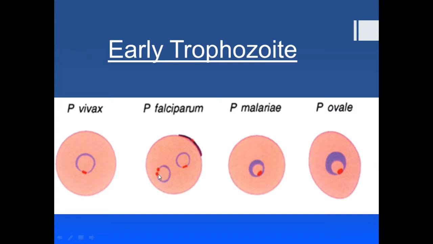The other thing about falciparum is that you may see two rings in one RBC, and this shows multiple infection, that this RBC is multiply infected. So this is your trophozoite form, and this is how you will see them in the blood smear.